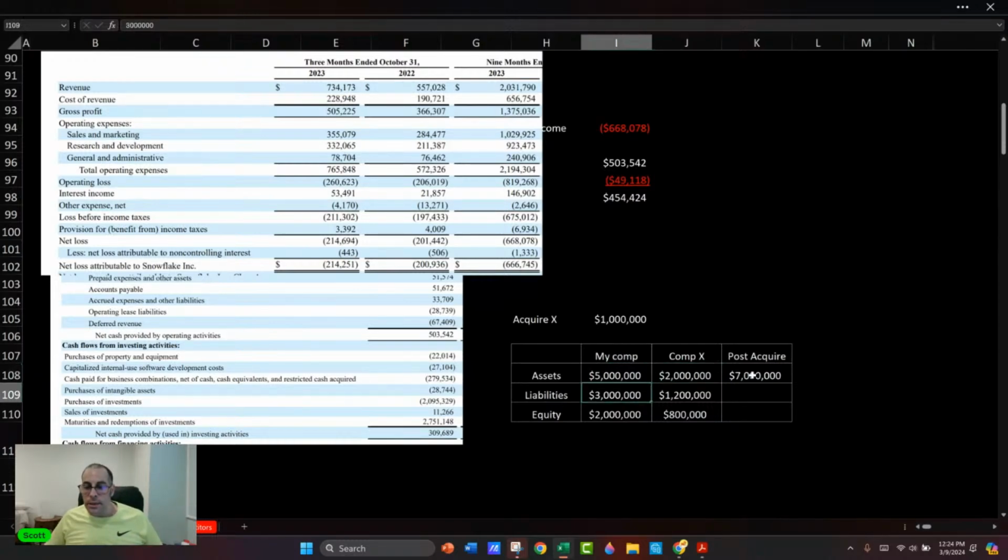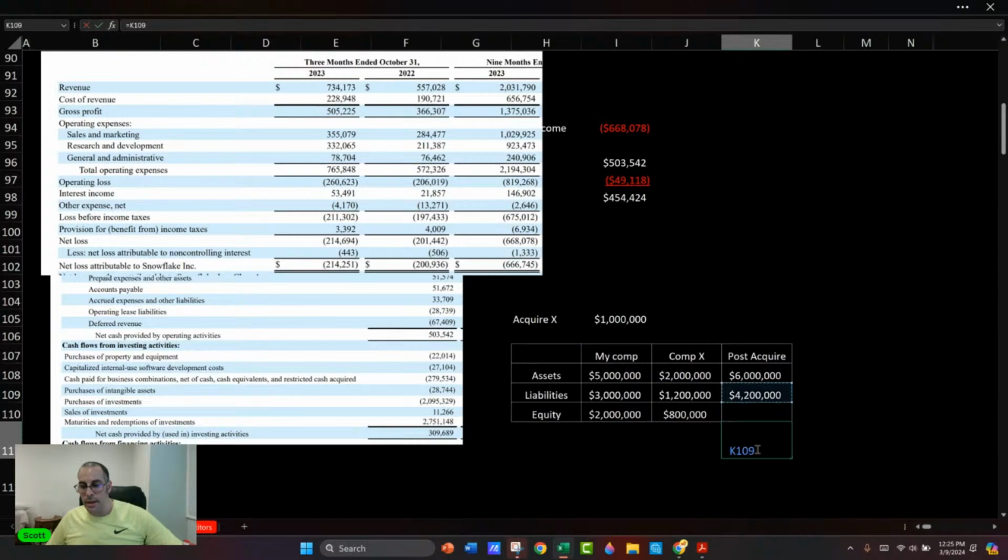And I also take their liabilities, because when you acquire a company, you have to acquire all their debts as well. So I now have $4.2 million of liabilities. But remember, I paid $1 million, so I have to minus the $1 million from my assets, because I have to pay that cash to them.